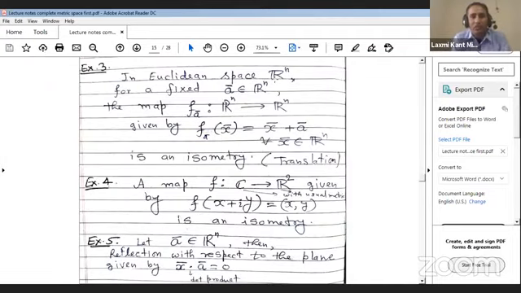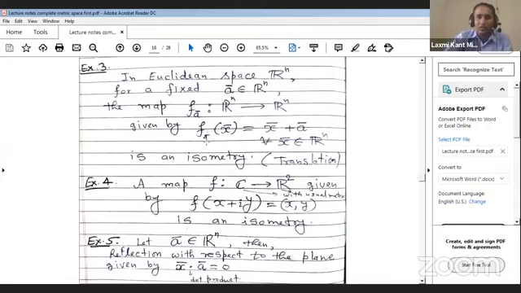Suppose we are taking Euclidean space Rn. For any fixed vector a bar in Rn, we consider a map. This is a translation map from Rn to Rn, which sends vector x bar to x bar plus a bar.